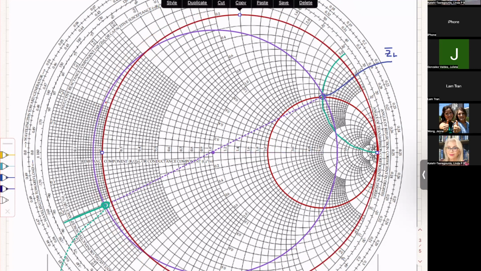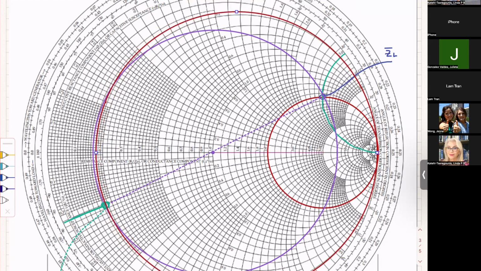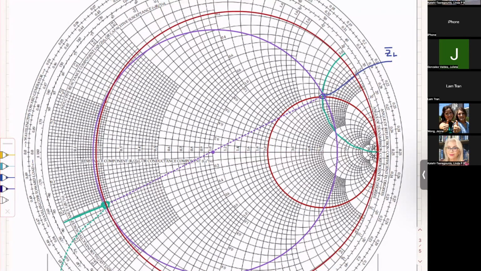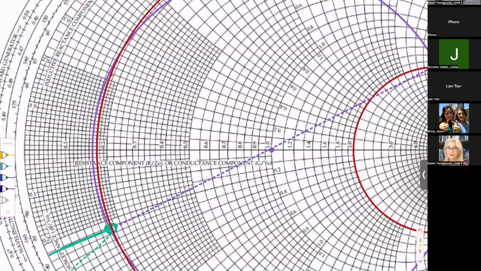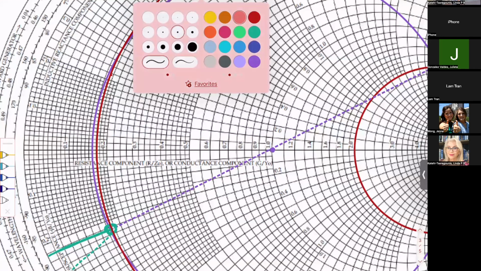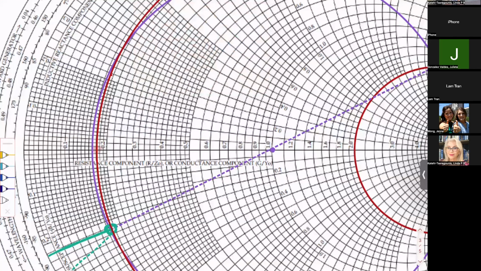But okay. So that one, if we want to read it, is somewhere here. And that is 0.1. It's 1, 2, 3, 4, 5, 6, 7. 0.17.